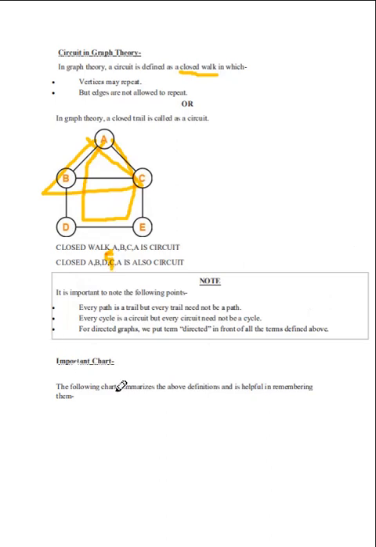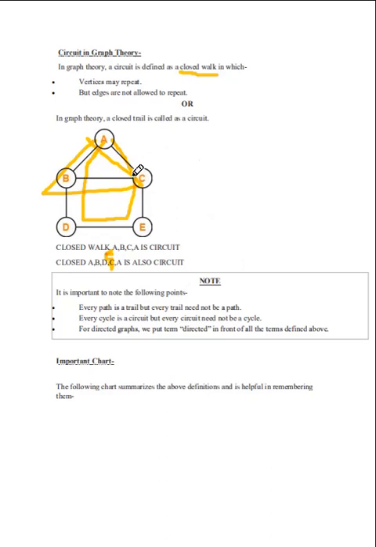Now there is a very important point here. You must remember this point. Every path is a trail, but every trail need not be a path. Every cycle is a circuit, but every circuit need not be a cycle. And these are all undirected graphs, isn't it?